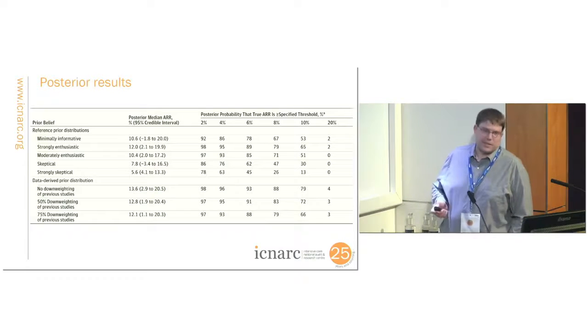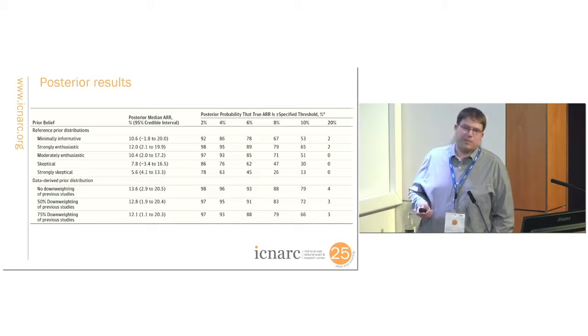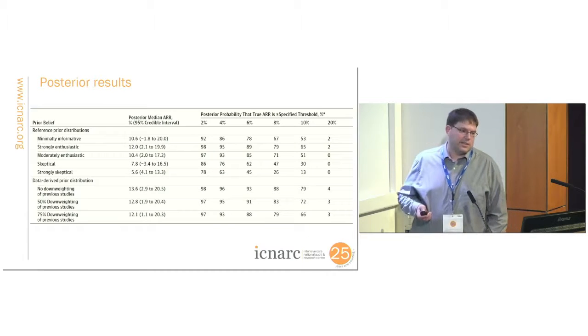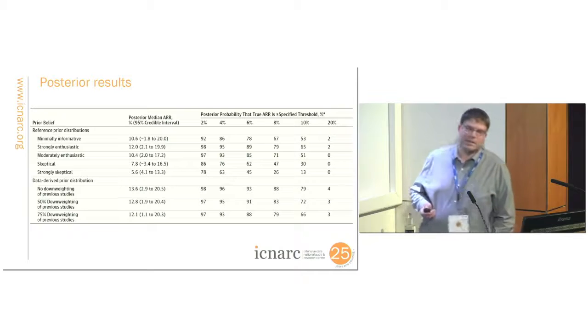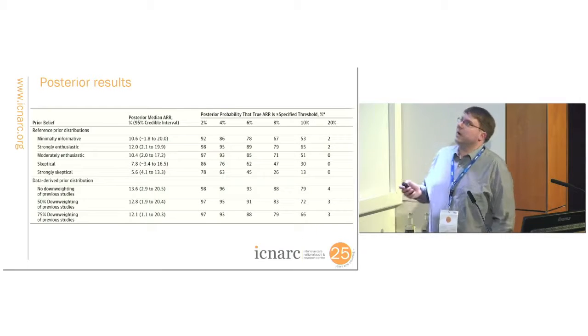But we can start putting some of these other posterior probabilities on it. And they look here at the probability that the true absolute risk reduction is greater than a number of different possible thresholds. And from that minimally informative prior, you would say there's a 92% chance that the true risk reduction is at least 2%.